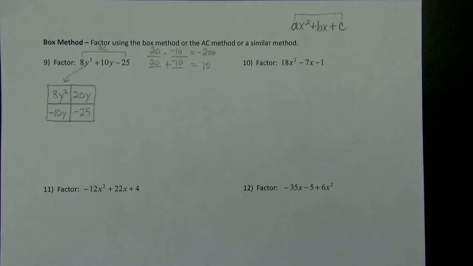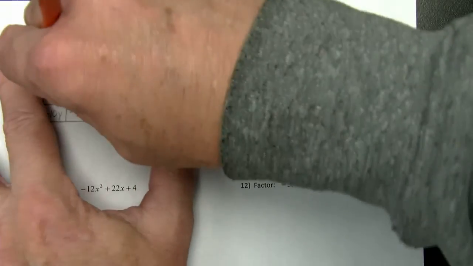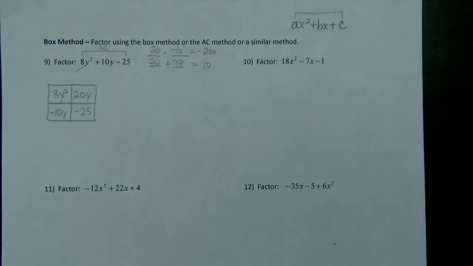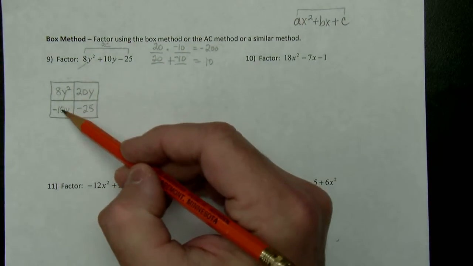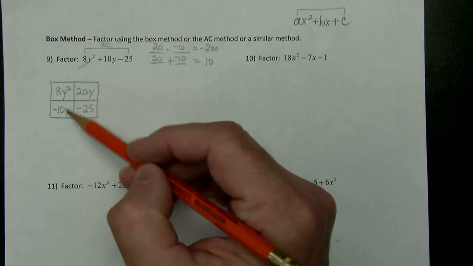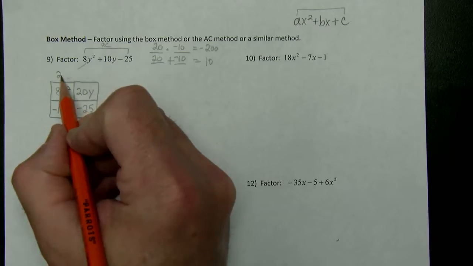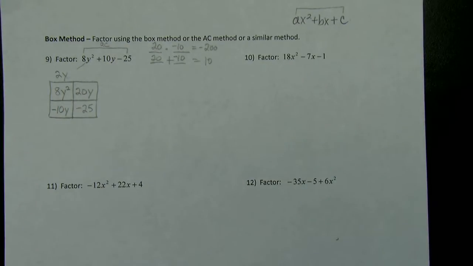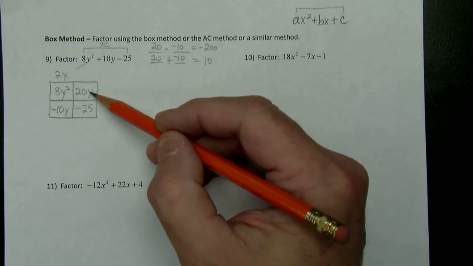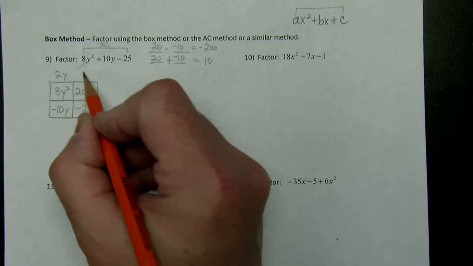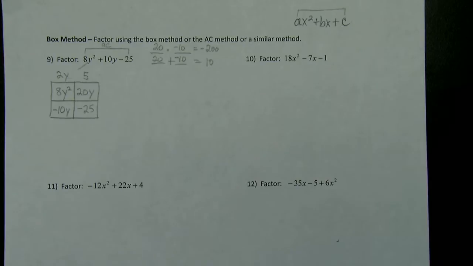Now for each row and column, I put on the greatest common factor of just that row or column. Here's the first column, 8y squared and negative 10y. The greatest common factor of those two would be 2y, so I put that above the column. In the second column, 20y and negative 25, the greatest common factor would be just the number 5, because I couldn't get y out of both of them.